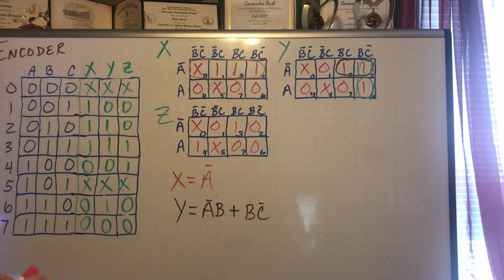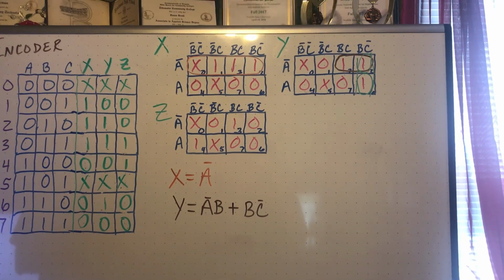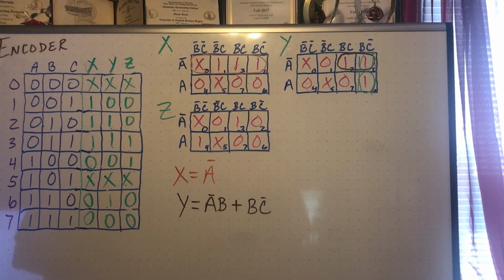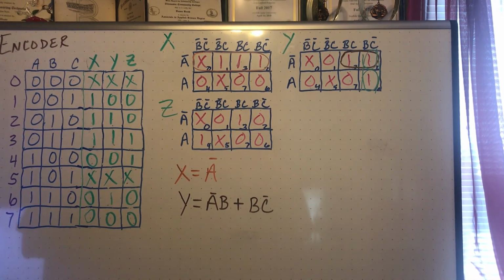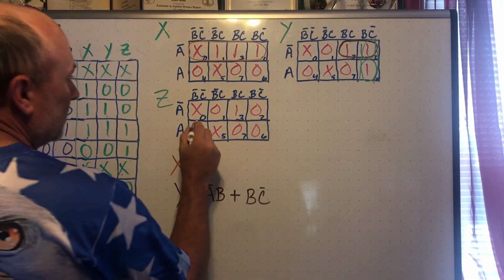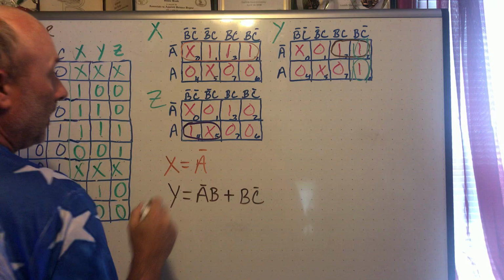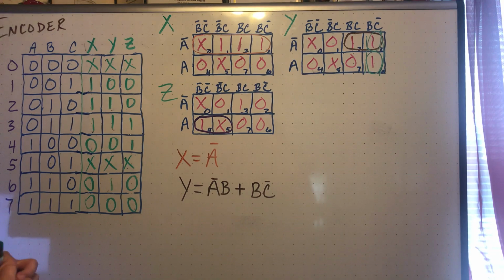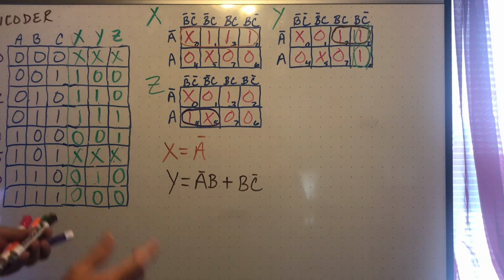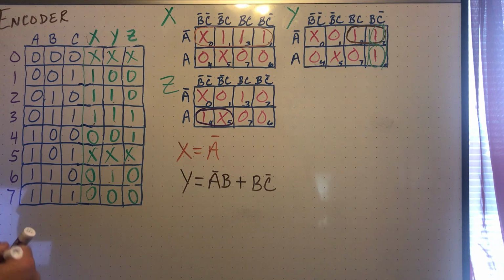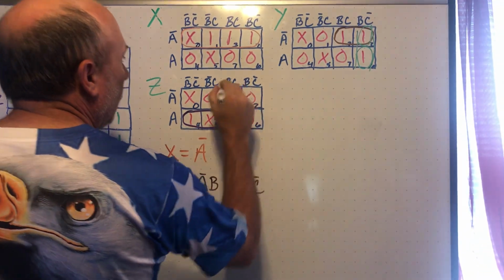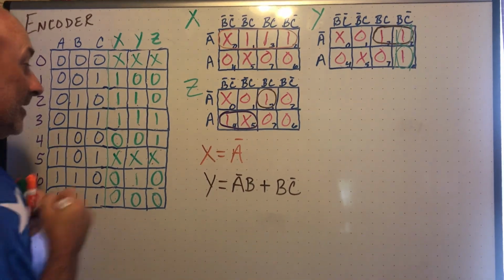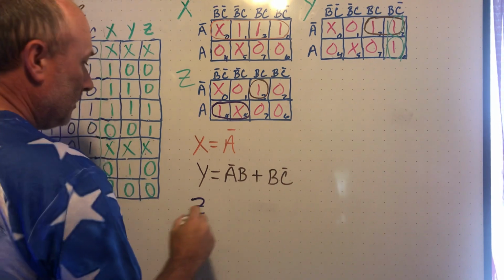Now we're going to go to our Z. Again, we look for a group of 8. Don't have one. A group of 4? Don't have one. Do I have a group of 2? Yes. I like to do the horizontal, so I'm going to say 4 and 5. You could also do 0 and 4 if you wanted to. I didn't use all my other 1s yet, so do I have another group of 2? No, so I just have a group of 1 here. Now I've got to figure out what Z is going to equal.